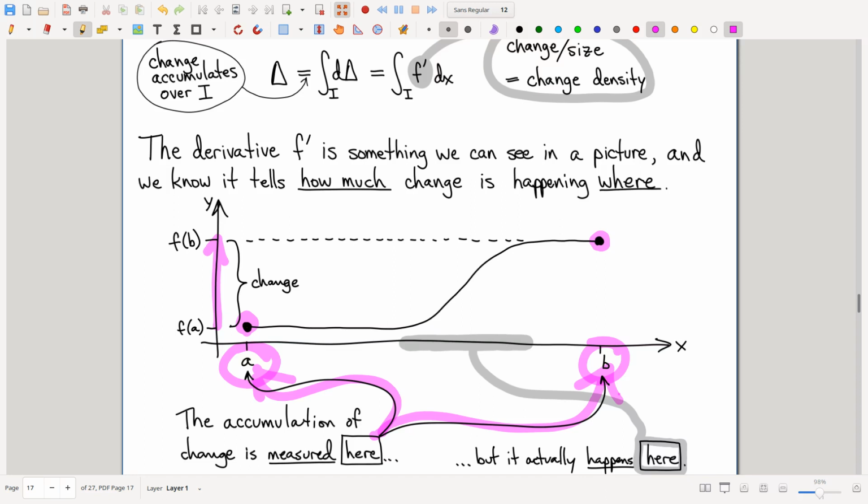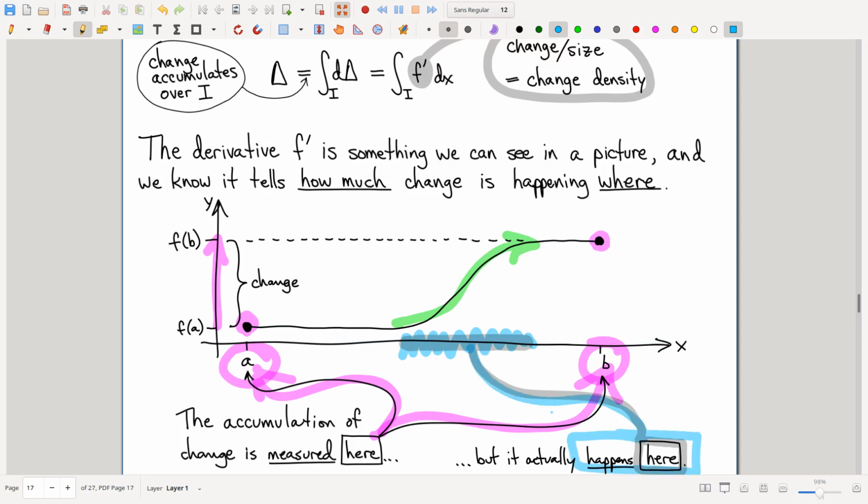Now, again, easy pitch. If I were to try to persuade you that this change from this value to that value happens in the interior, well, of course it does. Look, you can see it happening right there on the graph. So that's where the function changed, specifically at these points in the domain.